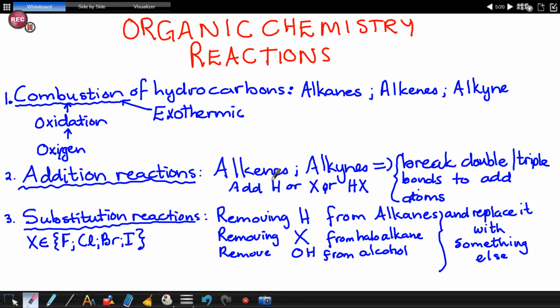When you have an alkene or an alkyne, you can add hydrogen, or you can add a halogen, or you can add an HX where the halogen is joined to a hydrogen, or you can add water, or you can add hydroxide. Okay, are you with me?